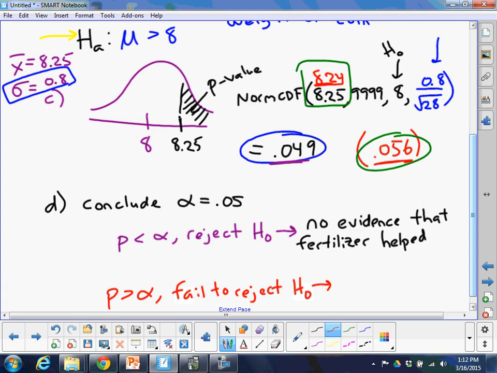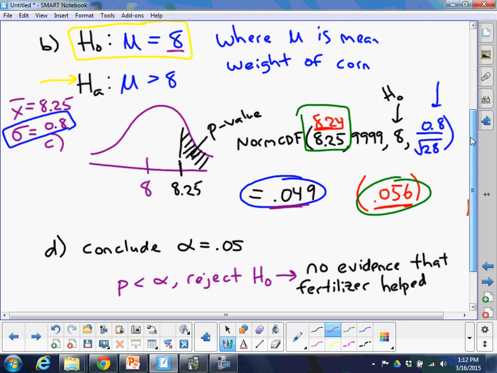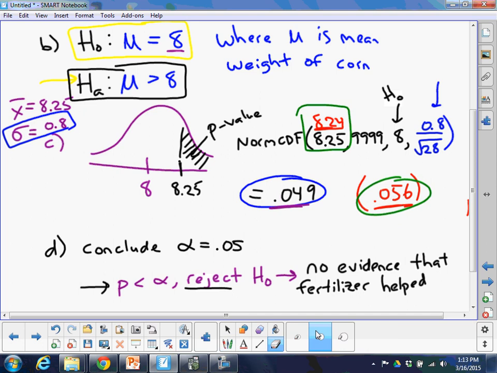Okay, and I'm realizing I think I just said the first one backwards, didn't I? If we reject H0, sorry, I said the first one wrong. Let's go back to this one right here. If we reject H0, that means we are actually going with this. So I'm sorry I said that. Make sure you double check that. There actually is evidence. When you reject H0, there is evidence that the mean is bigger than 8.